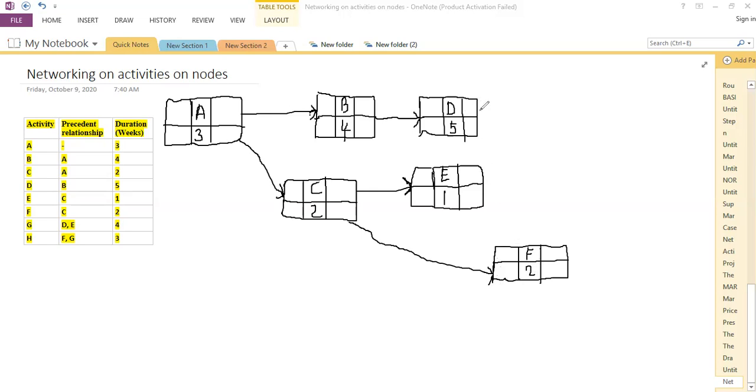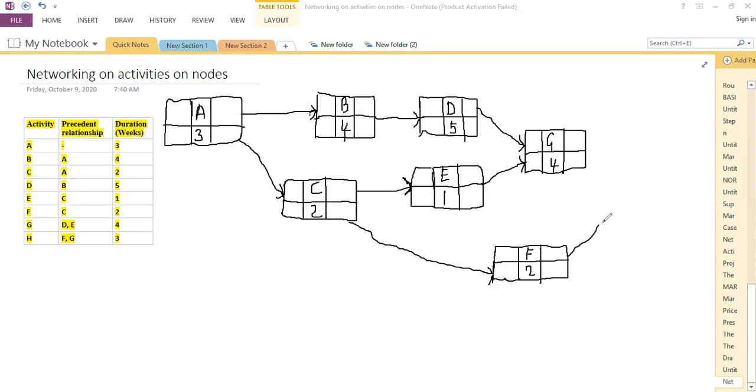Then activities D and E become predecessors of activity G, whose duration is 4 weeks.